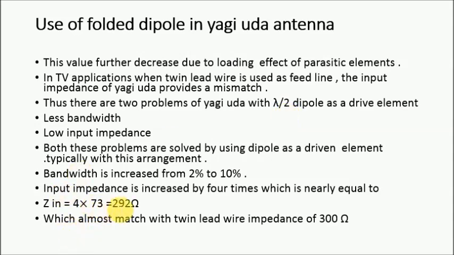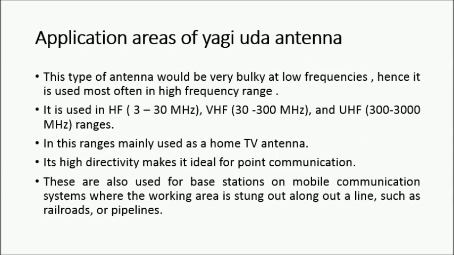So it becomes 292 ohm, which will match the twin lead wire impedance of 300 ohm. In the Yagi-Uda antenna, the feeder, the twin lead wire, mainly has 300 ohm impedance, whereas the antenna has 292 ohm input impedance. That's why maximum energy transfer is possible.